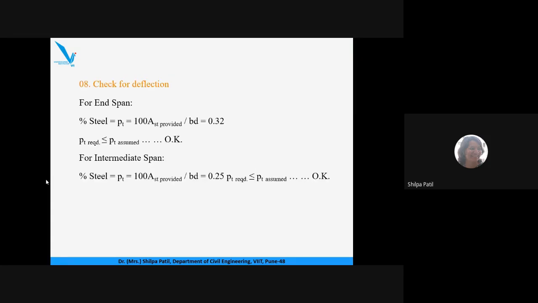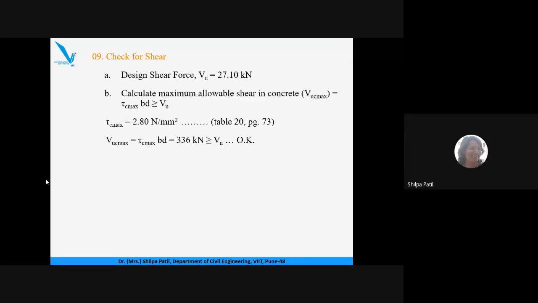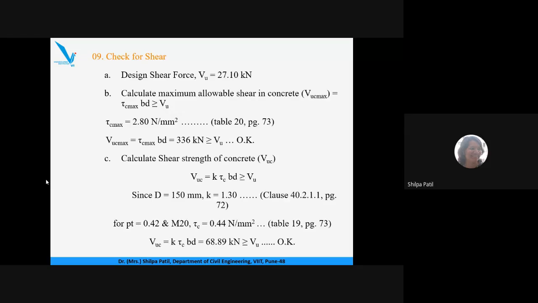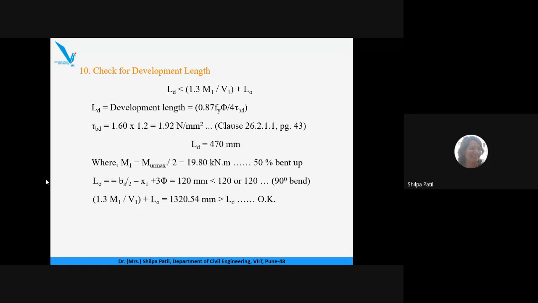Check for deflection: we have calculated the percentage of steel and compared it with the assumed one; it is coming safe, and we have done it separately for both spans, end span as well as intermediate span. Then check for shear, same steps, and we get a safe design for shear. Check for development length, again following the formulas, and we get safe values. Okay.